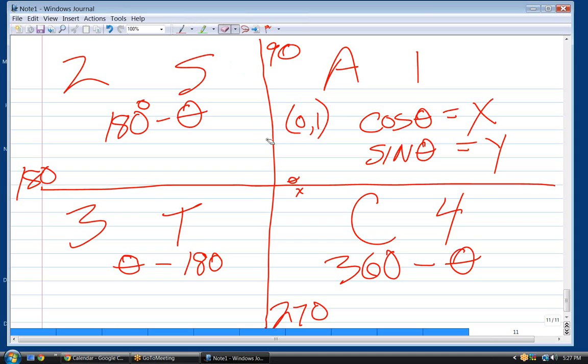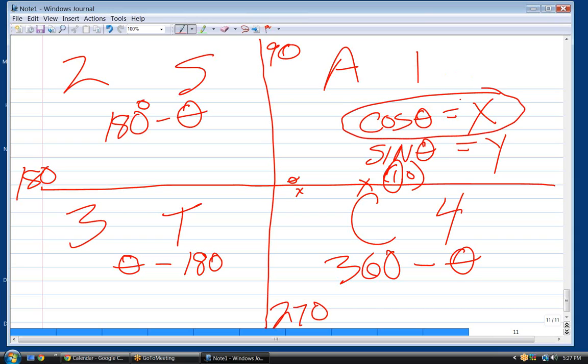If I want to know what the cosine of 0 is, well, this point right here is 1 comma 0. Cosine of 0 has to be what? Equal to 1. It's equal to that x coordinate, because cosine is equal to the x coordinate.